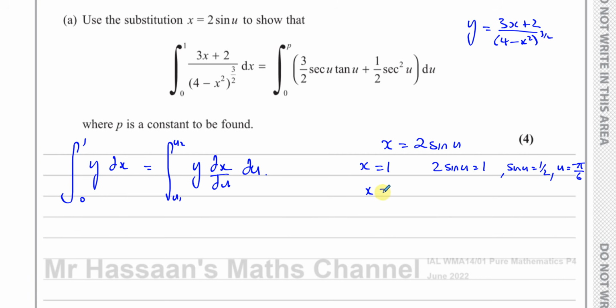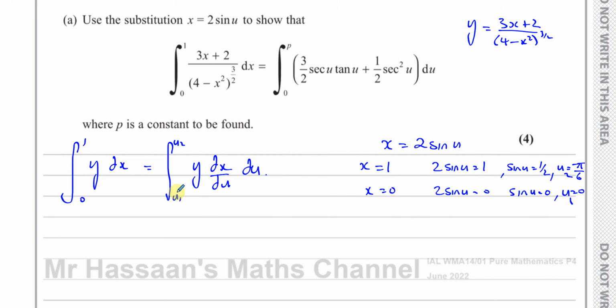And when x equals 0, 2 sine u equals 0, so sine u equals 0, therefore u is equal to 0. If you find the inverse sine of 0, you get 0. So I know my u1 and u2: this is u2 and this is u1.